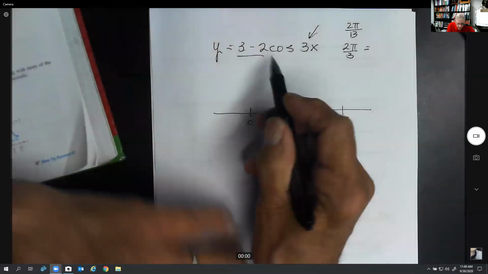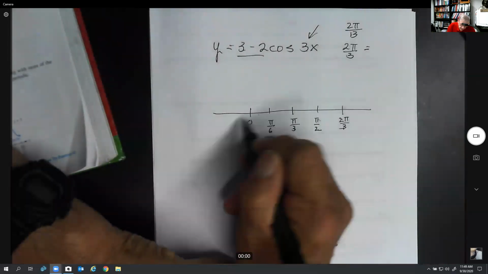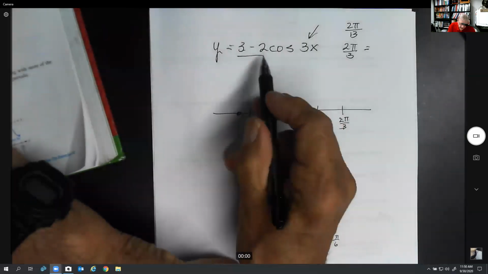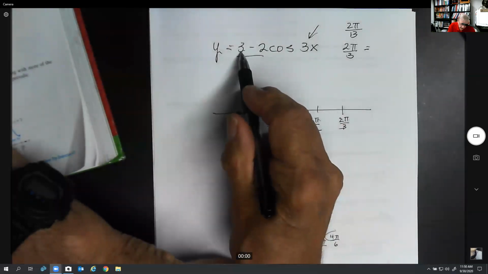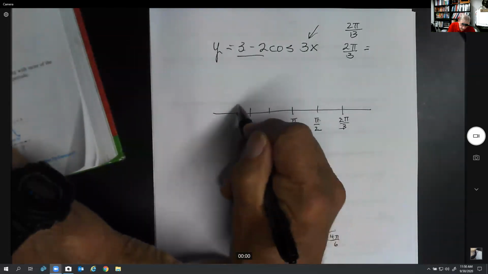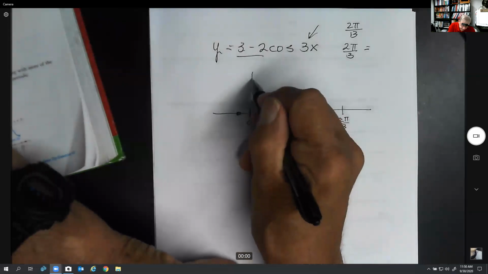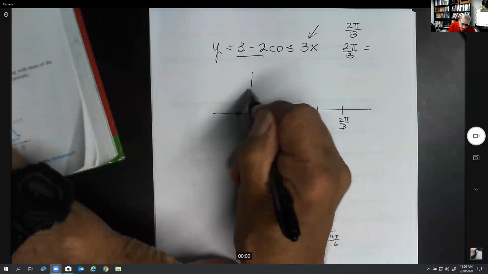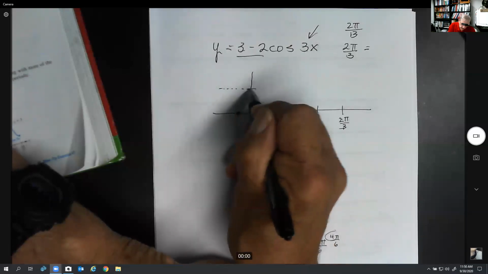Now, let's look at what this means. This is our 0 line, right? But this is saying that the center line is now going to be raised up to 3. So we're going to go up here, draw a line down here, 3 units, and this is going to be our new center line.